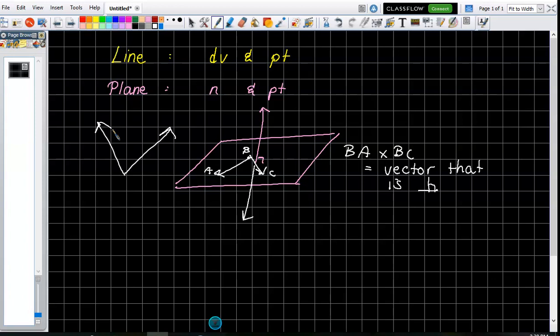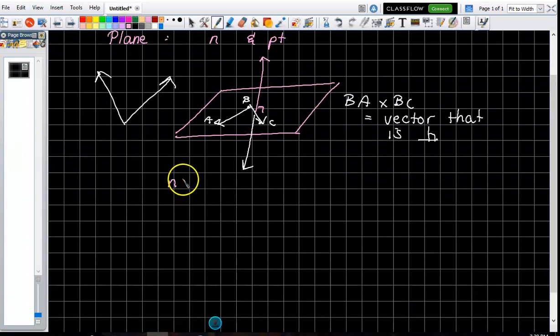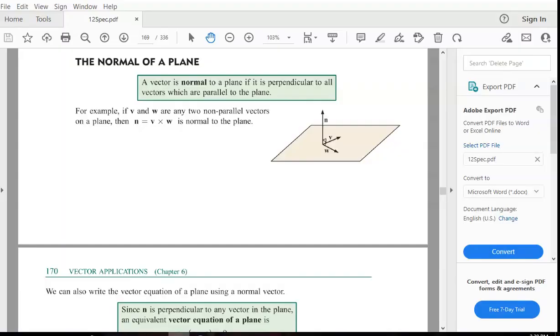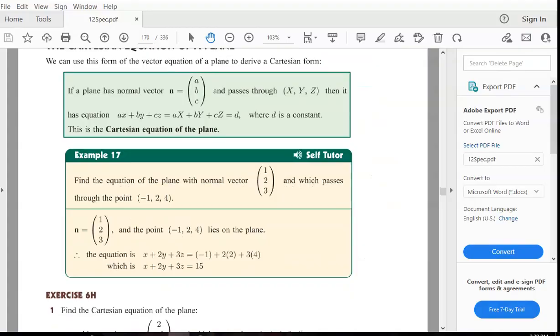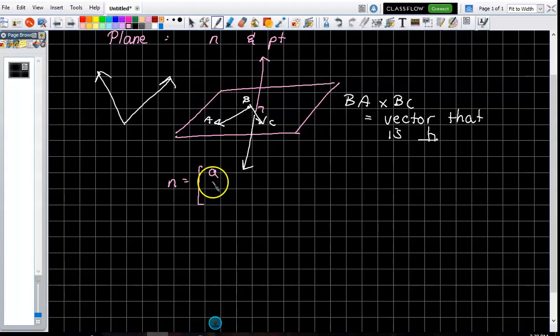Because once we've got our point, the equation of any plane, when we've got our normal vector, where shall I put it? I'll go back up here. When we've got our normal vector, which is, what did they go? Little a, little b, little c? They went A, B, C. Okay, and then we have a point.